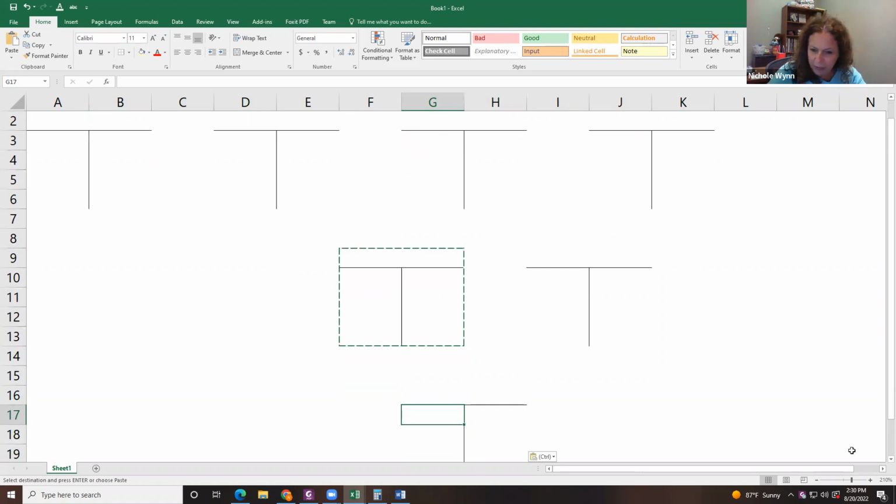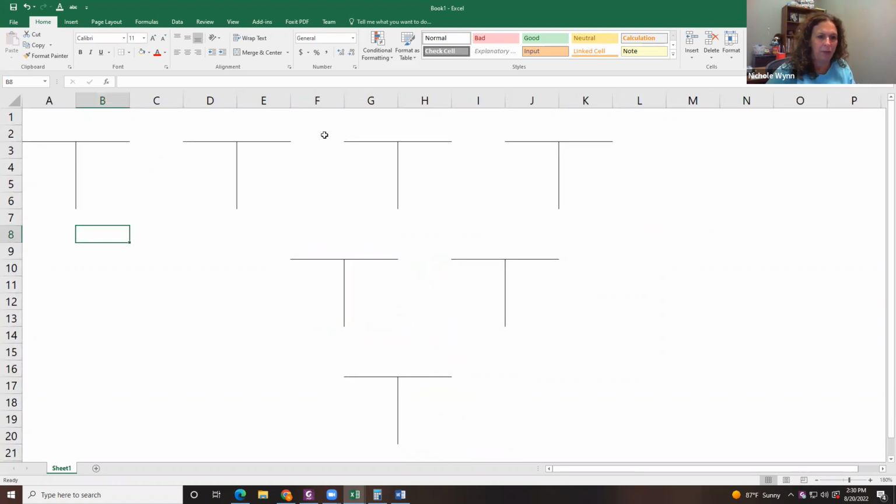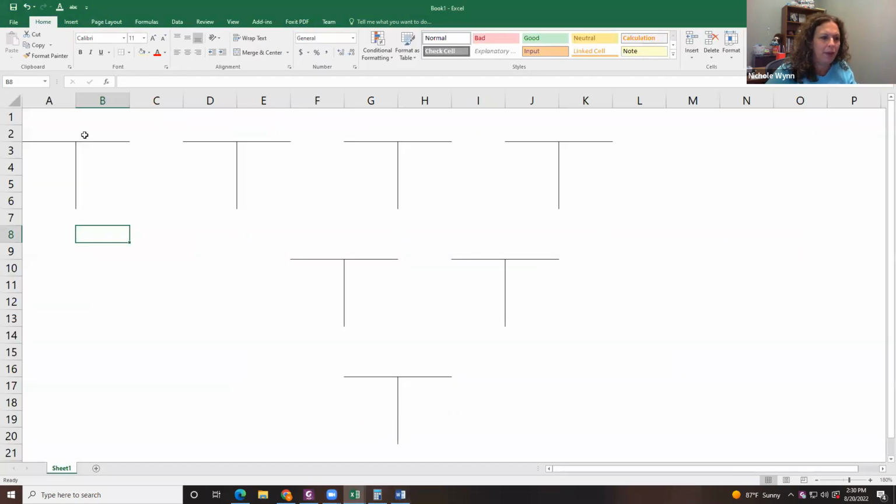So now what I have is this as a picture. So I want you to draw 4, 2, 1 on your sheet right here. 4, 2, 1 on the bottom of page 3. And now I'm going to go ahead and label them. And the first one, now I want these to be combined, so I'm going to merge them. And then I'm going to do that on each one.